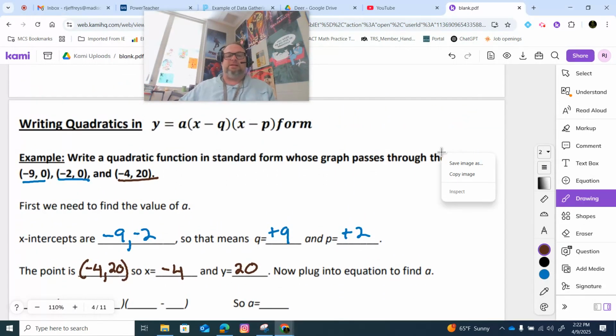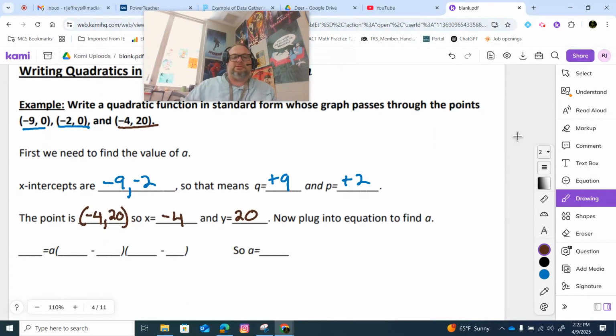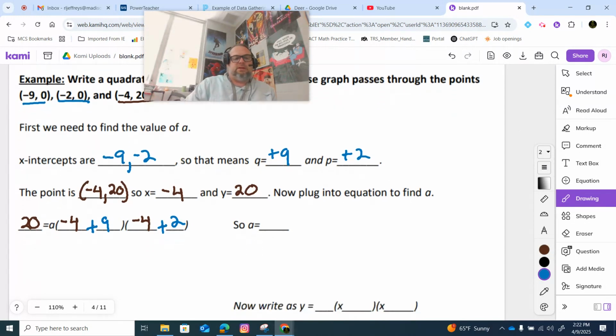So it's written in this form. So my 20 goes here. My x goes here. My q goes here. My p goes here.